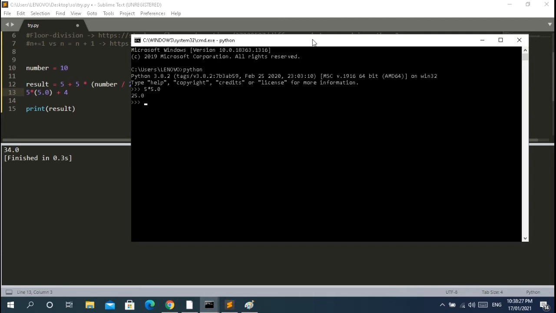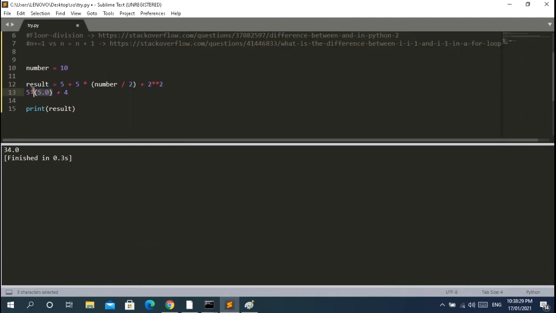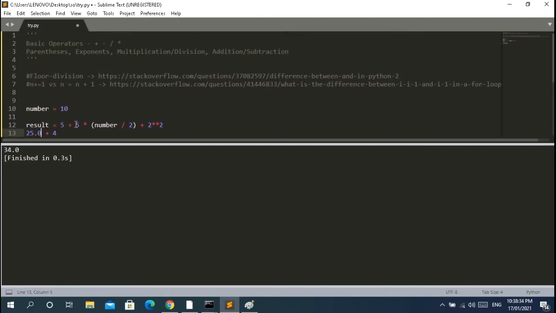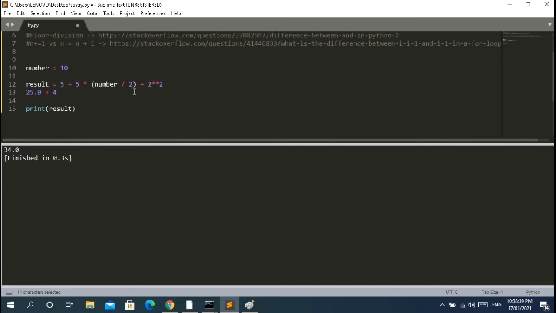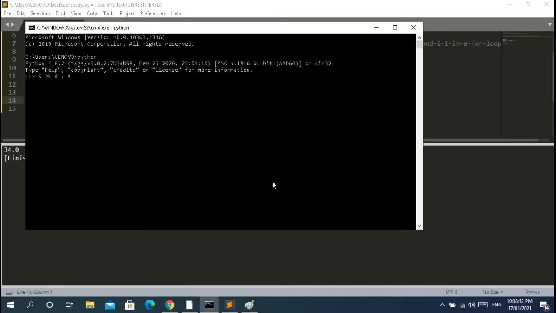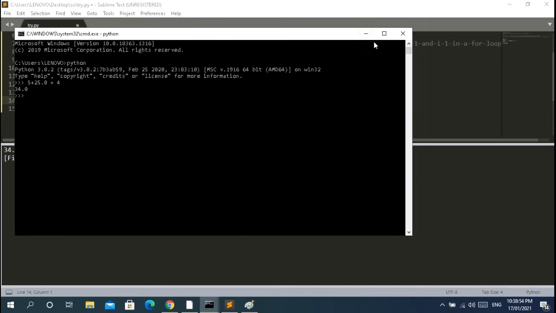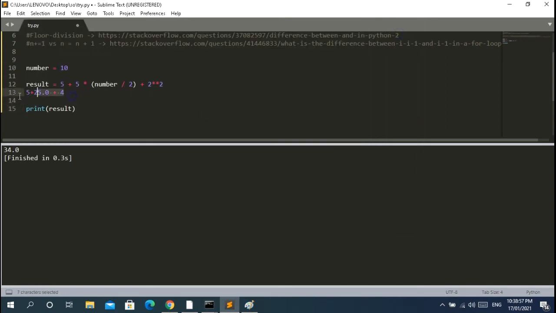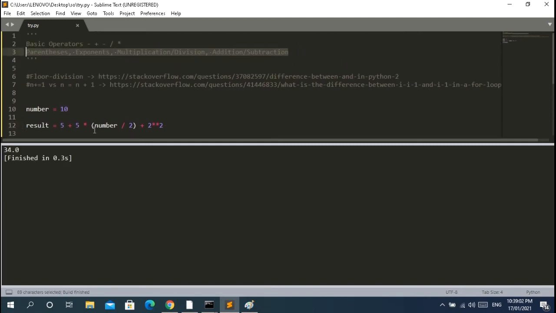Sorry guys if I'm a bit like this. Multiplication comes before division, right? Did you track what's happening? Then plus this, then 5. Now we add everything since it's addition. So it's 34.0, right? So, I just want to add that in Python, PEMDAS is applied too.